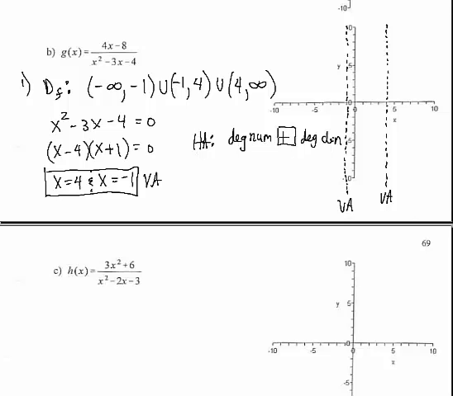How are they related? Well, on the top we have a 1 for the numerator, the highest exponent of the polynomial. In the denominator, on the bottom of the fraction, the highest exponent is 2, and so we have numerator degree less than denominator degree.